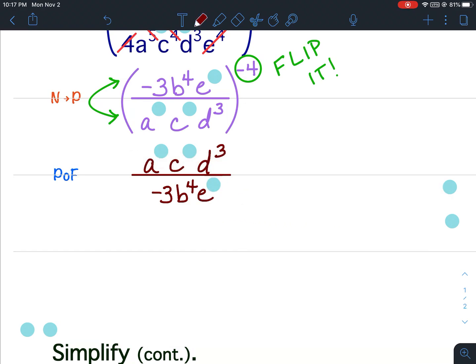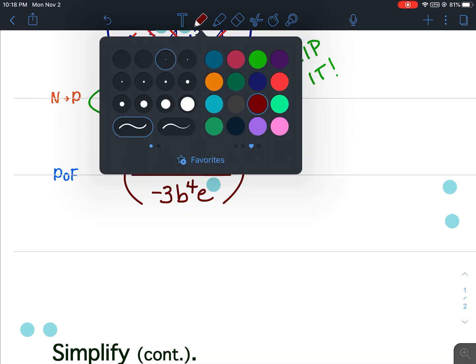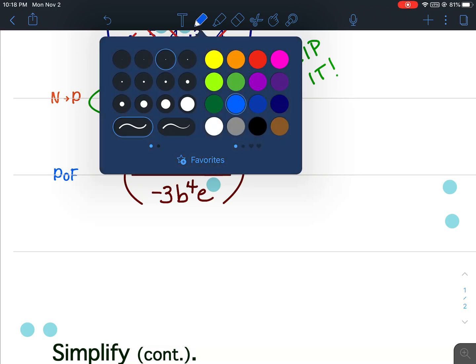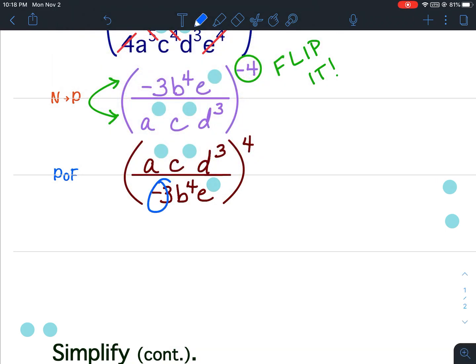And now because we flipped it, we took the reciprocal, that outside exponent is going to be a positive 4. And now that that is a positive 4, I'm ready to do power of a fraction. So I'm going to start by taking this negative 3 and writing it to the fourth power off to the side.